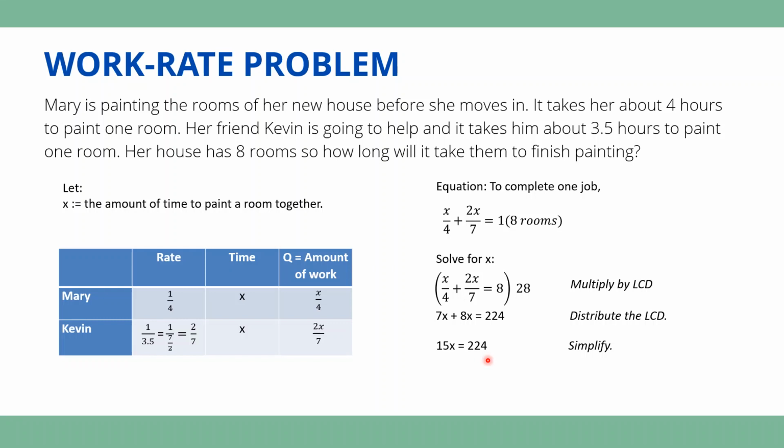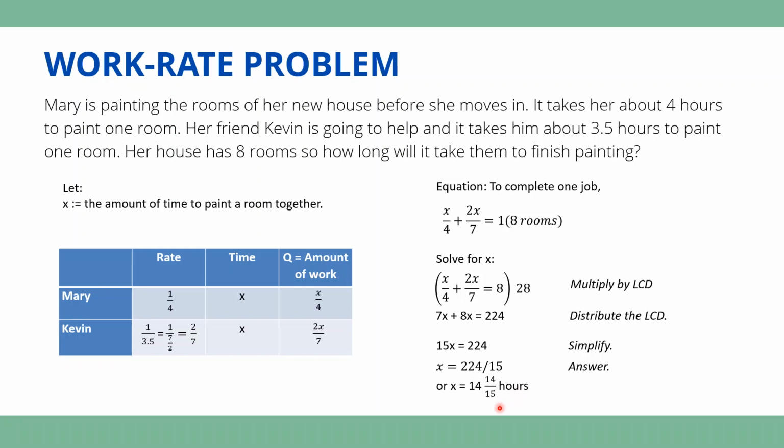Now solve for x. That is 224 over 15, or as a mixed fraction, 14 and 14/15 hours. That is the amount of time it takes for Mary and Kevin to paint the 8 rooms in Mary's house.